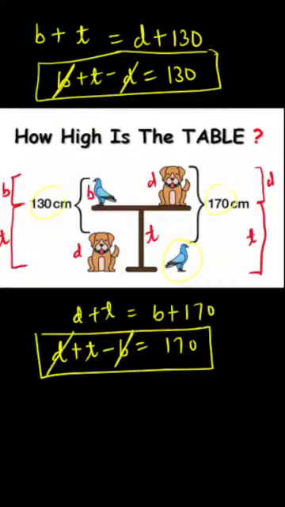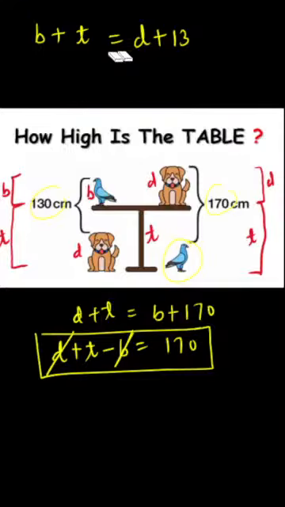I'm going to have 2T, that is T plus T, and 130 plus 170 gives me 300. So 2T is equal to 300, and therefore T is 300 by 2, which is 150 centimeter.